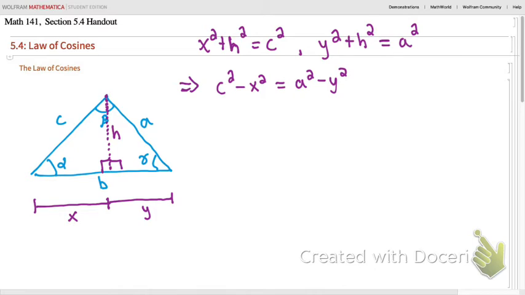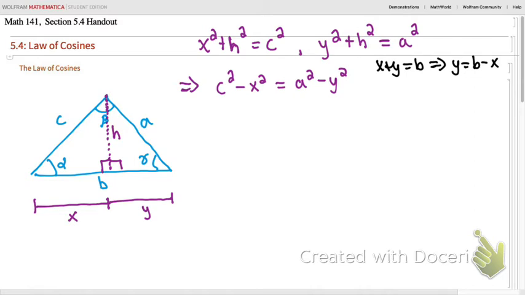Now, from the picture below, since x plus y has to equal b, that means that y has to equal b minus x. Looking at the picture in the bottom left, b is the base of the entire oblique triangle.